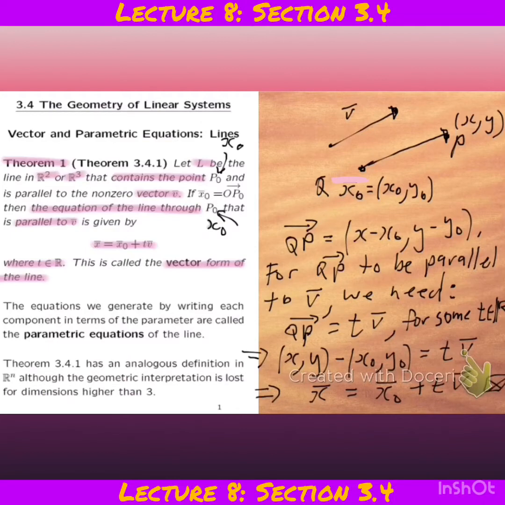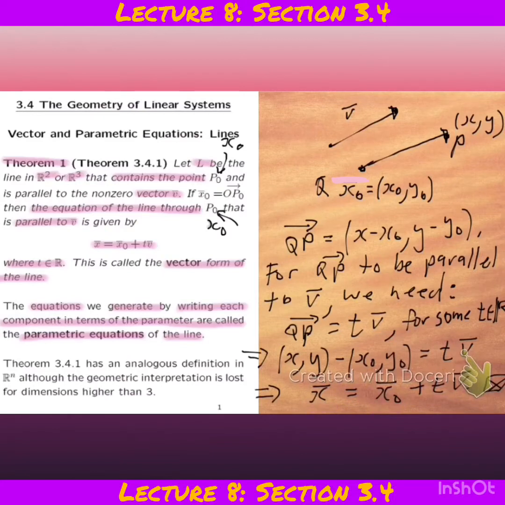Okay, so that is the vector form of the straight line that contains the point x0 and is parallel to the given vector v. Now the equations we generate by writing each component in terms of the parameter are called the parametric equations of that particular line.